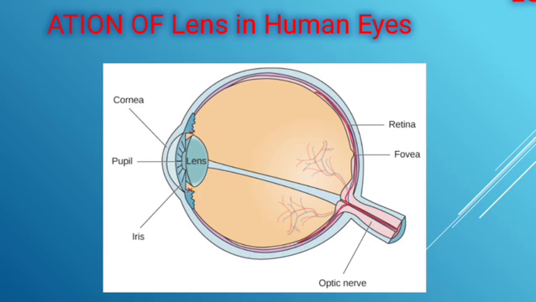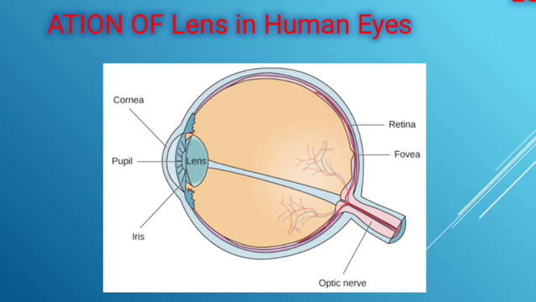I have given you all this information in short, but in the next slide we will see it in detail. Before that, tell me about the different types of lenses. There are two types of lenses, concave and convex, which you have studied in your previous classes.